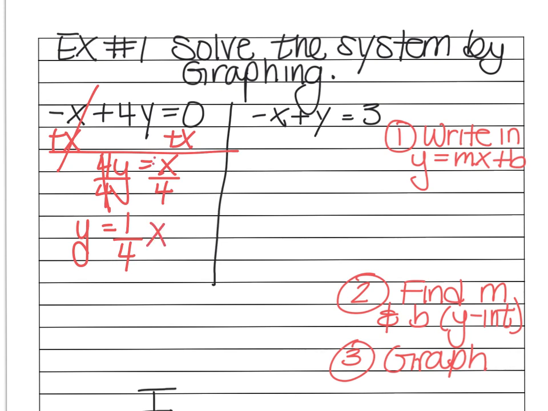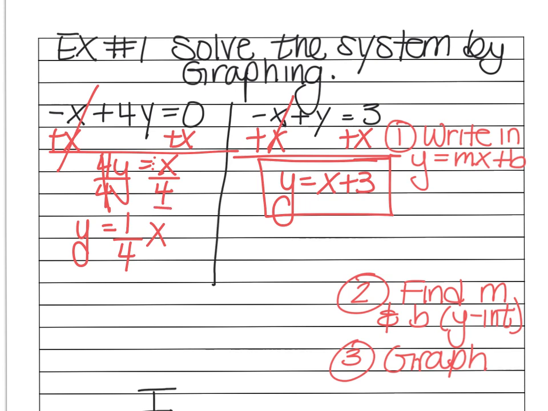So this means you have an imaginary 1 here. It's 1/4 x. Let's go ahead and solve the second one. This one's a little bit easier. All I have to do is add x to both sides. I have y equals x plus 3, and this is my equation for the second line in y equals mx plus b form.